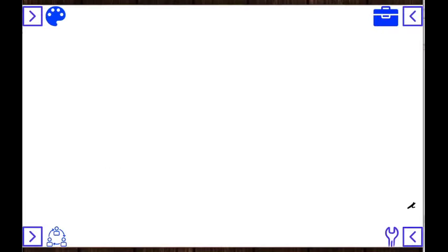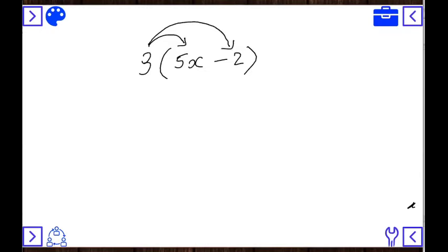Okay, so I also had a quick go at this. I'm going to put 3 on the outside, 5x on the inside with -2. The key part of this activity was to double check that we are multiplying both of the two terms inside of the bracket by the term that is on the outside. We could use the claw method if we wanted, which was everything on the inside is multiplied by 3, in which case 3 times 5x is 15x, and 3 times -2 is -6.